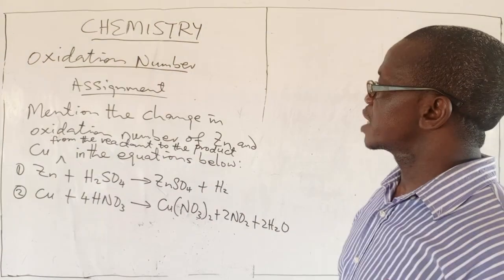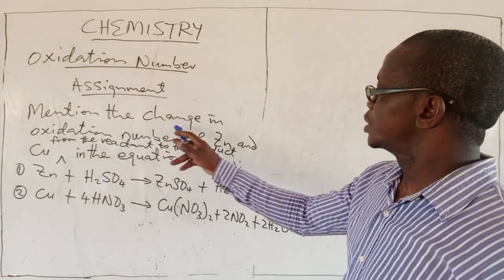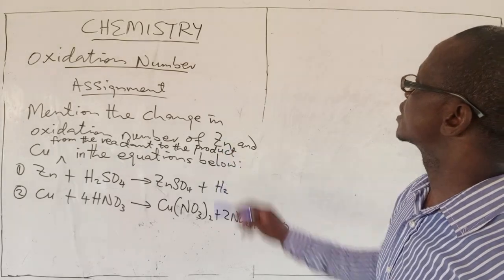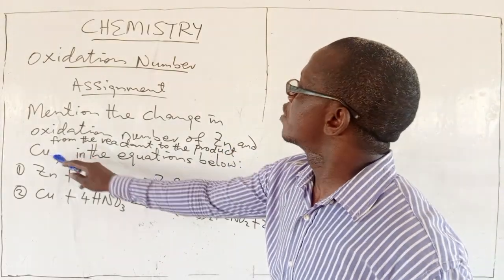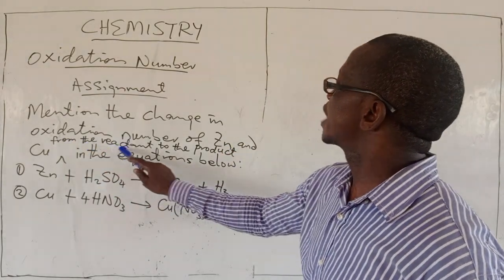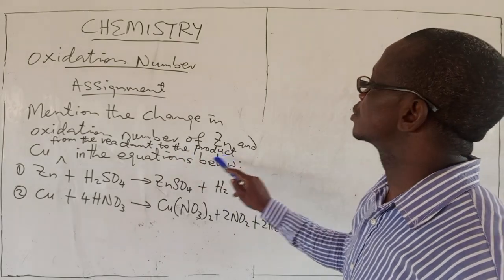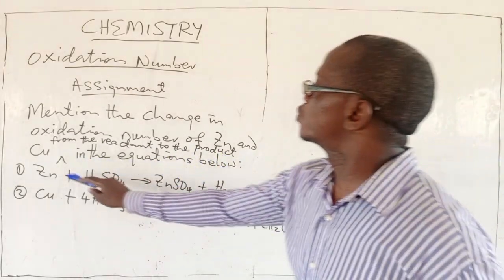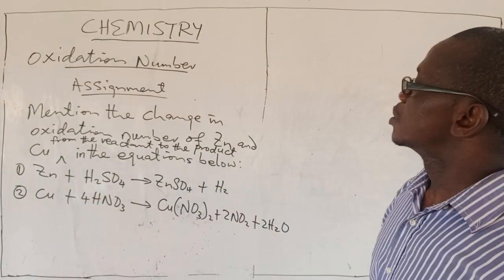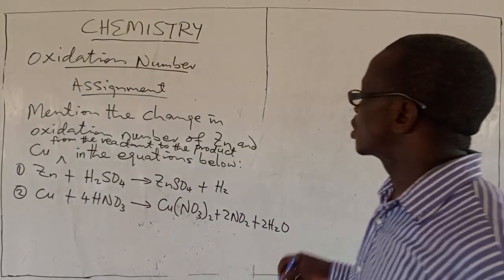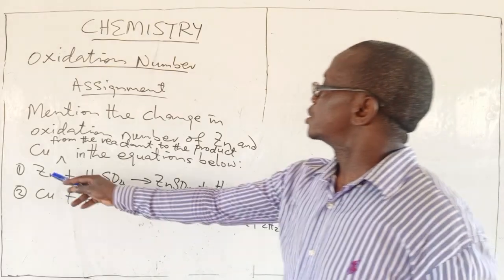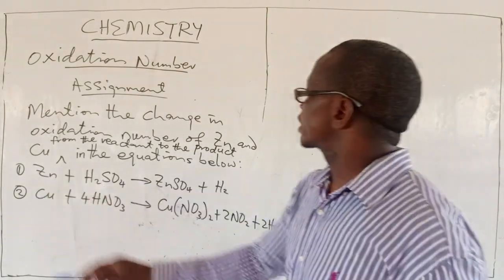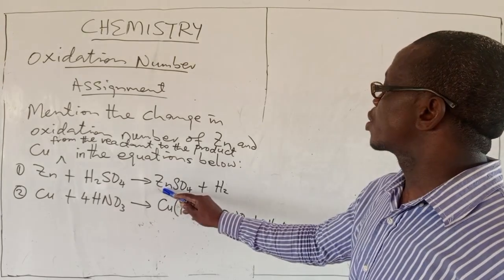Okay, the assignment: mention the change in oxidation number of zinc and copper from the reactant to the product in the equations below. So the two equations are here. So from the reactant to the product, what is expected of you? Tell me for zinc, this is the reactant, zinc in the product.